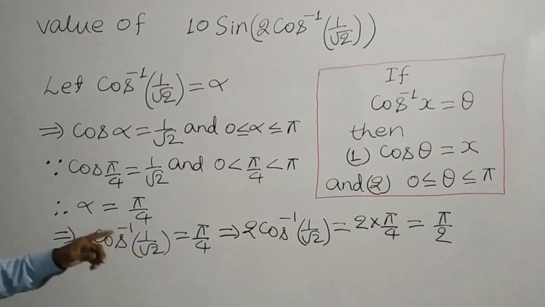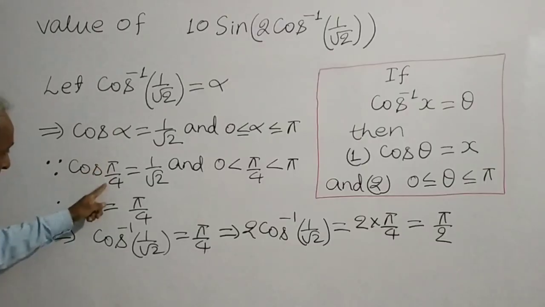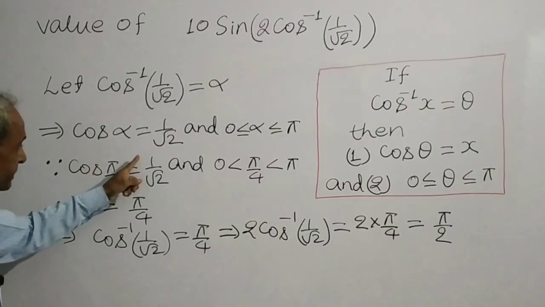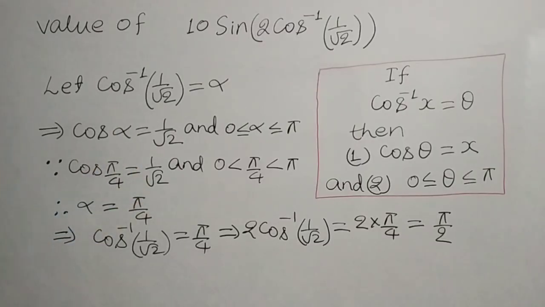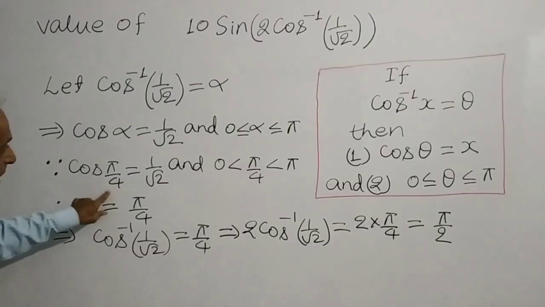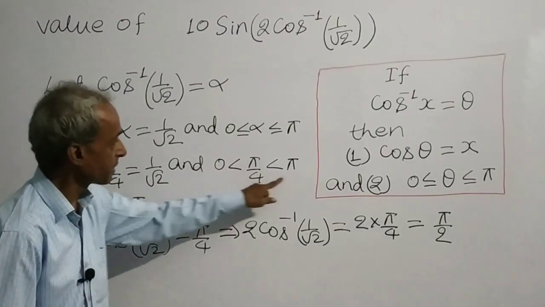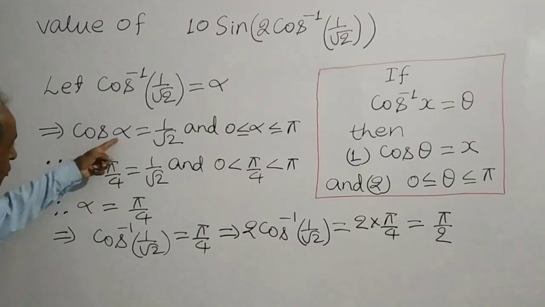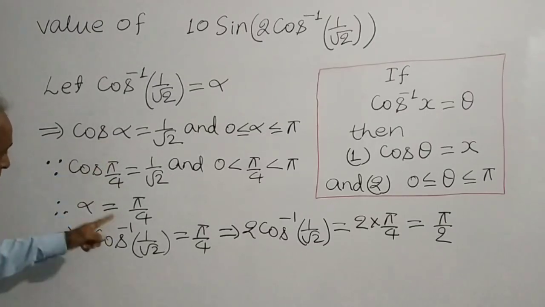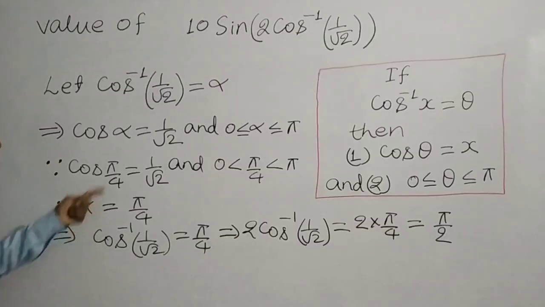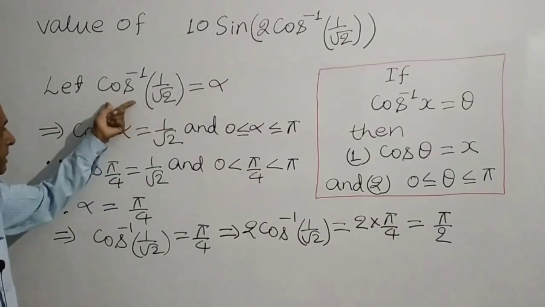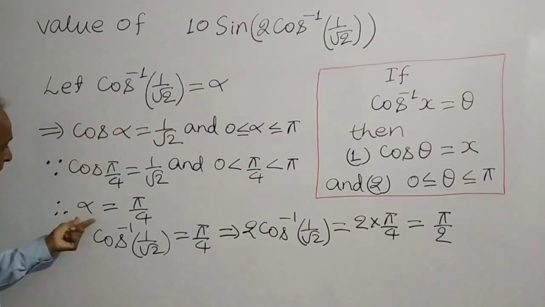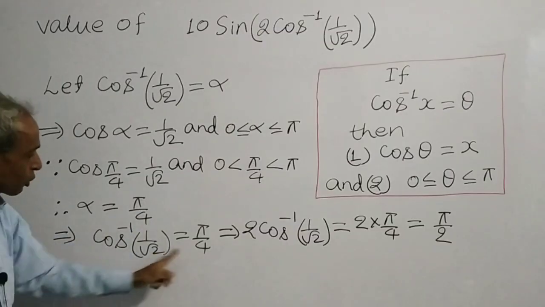But we know that the value of cos pi by 4 is 1 by root 2, and this angle pi by 4 lies between 0 and pi. That means the value of alpha will be pi by 4. But alpha is equal to this. That means this is equal to pi by 4.